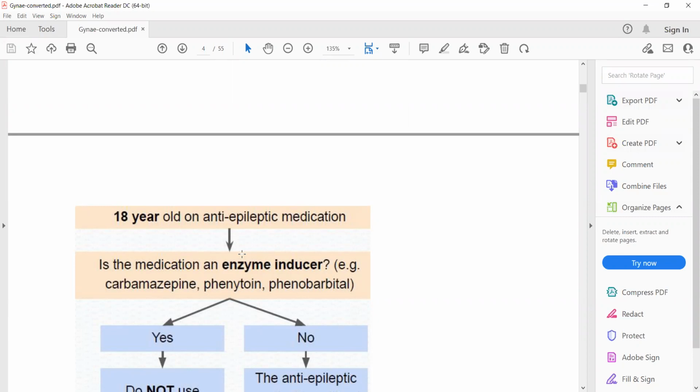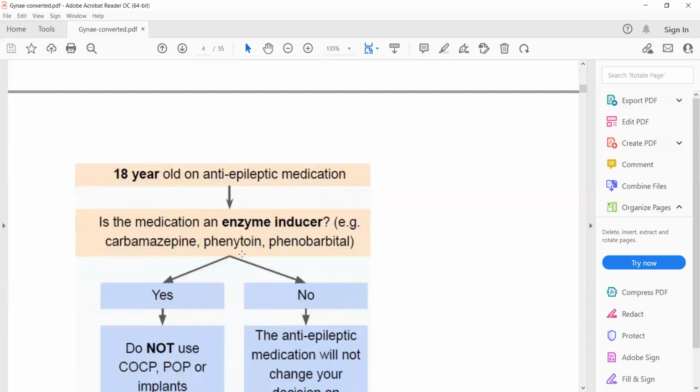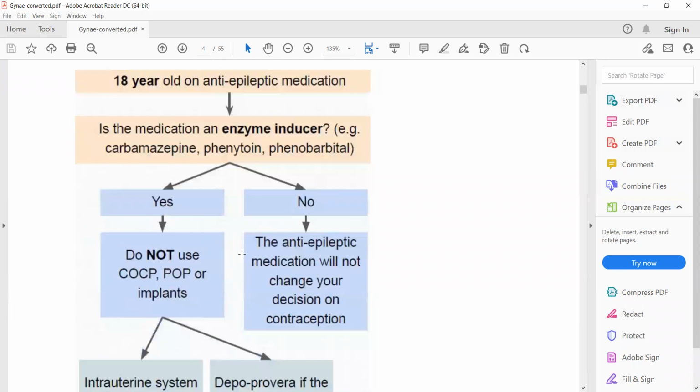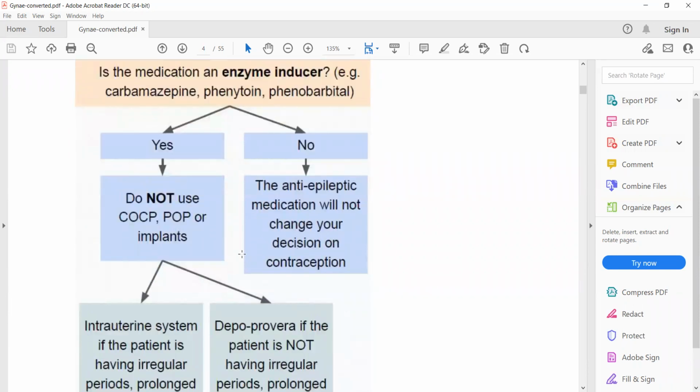COCP and POP, and the implant. Now, if the patient is less than 20 years of age and is taking enzyme inducers, then these three drugs that are UKMEC1 cannot be used. Then the only options that we are left with are IUS or Depo-Provera injection.